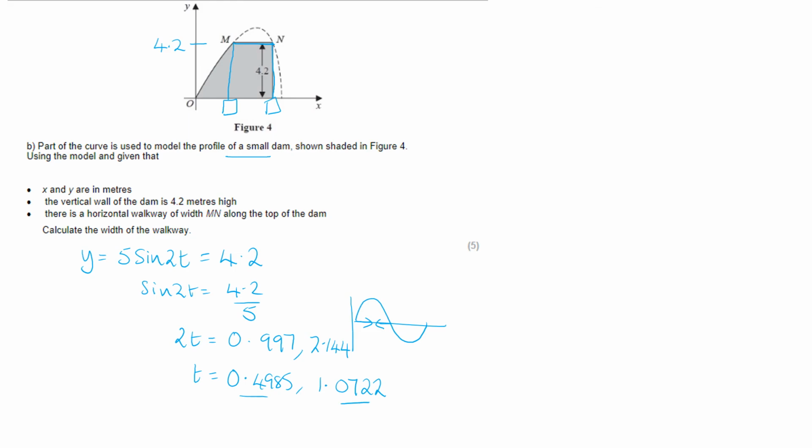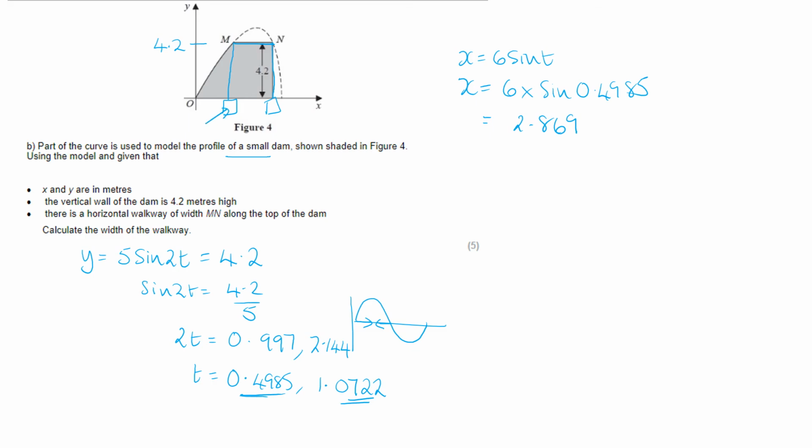The other parametric equation was that x is equal to 6 sine t. So we're just going to put each of these in. X is going to equal 6 times the sine of 0.4985, which is equal to 2.869. So that will be that one there, the first one.